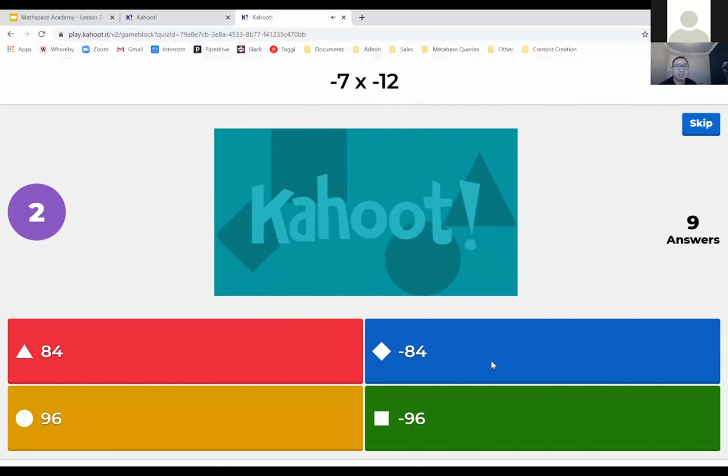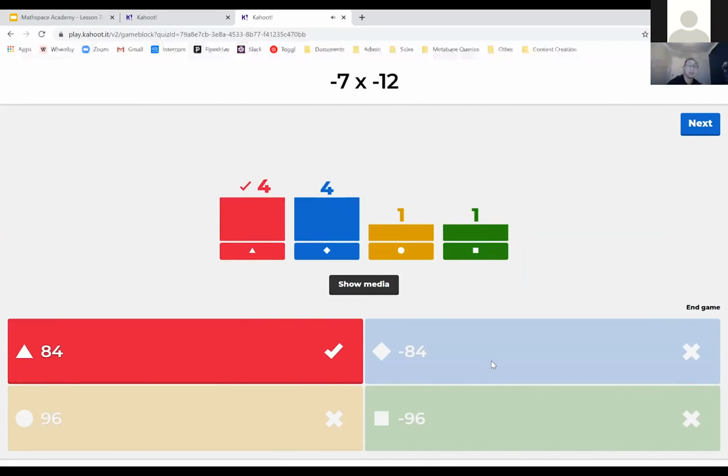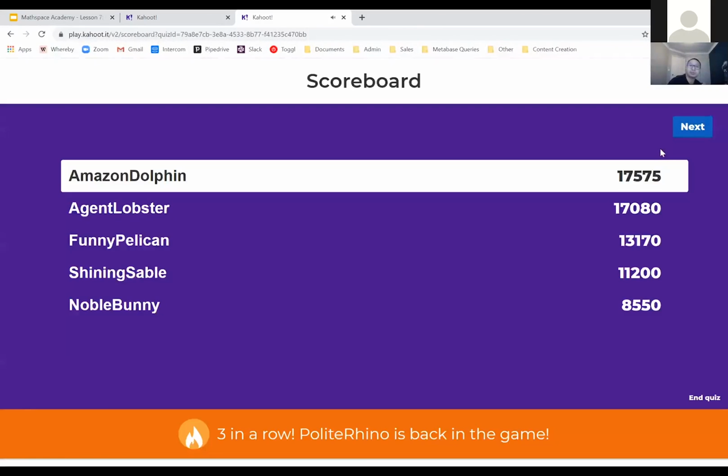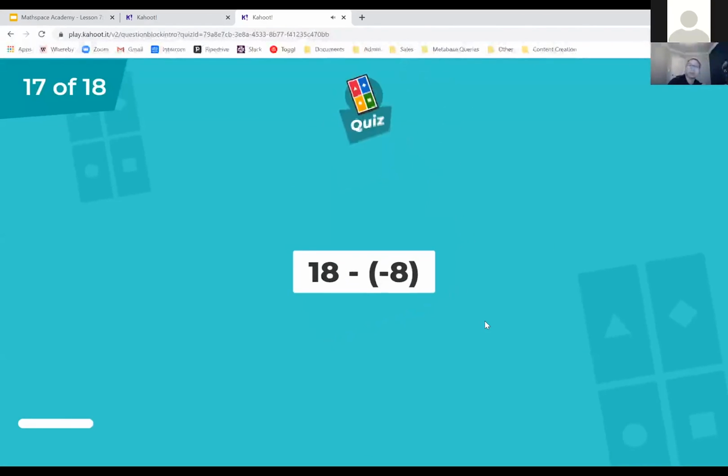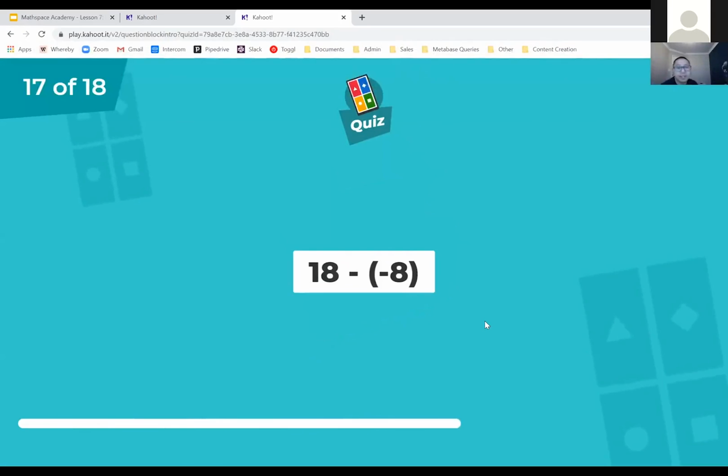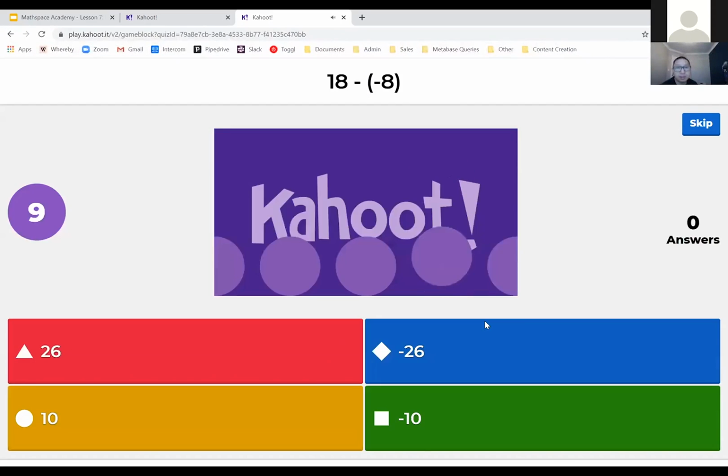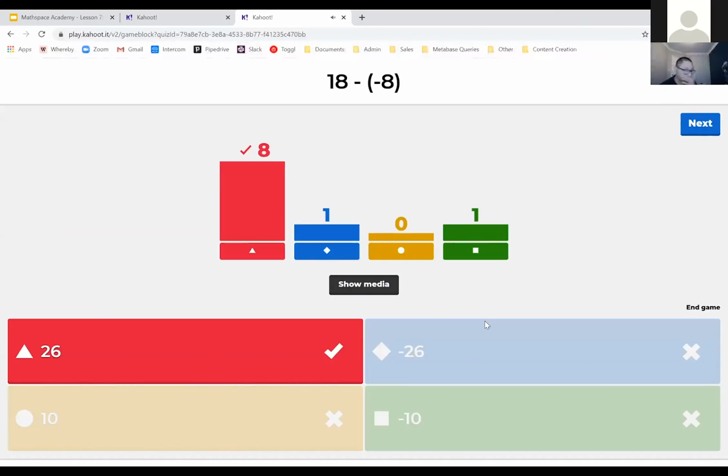Seven 12s are 84, and negative times negative is positive 84. Negative 18 take negative 8. Taking away a negative is the same as adding, so 18 plus 8 is 26.